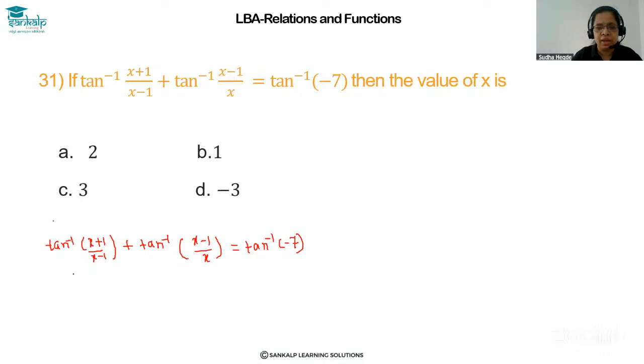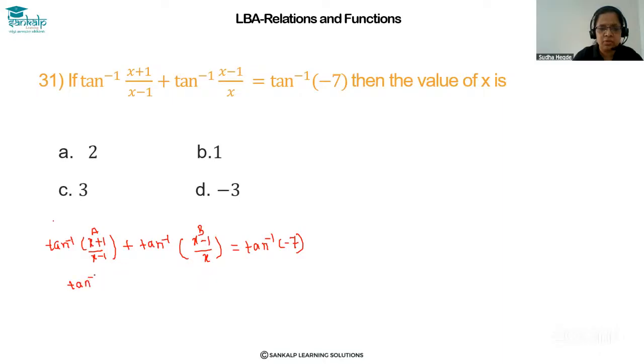So it is like tan inverse A plus tan inverse B is equal to tan inverse C. Okay. So what is the tan inverse A plus tan inverse B formula? It is tan inverse of (A plus B) divided by (1 minus AB). So instead of A you have this, instead of B you have this. So apply the tan inverse A plus B formula.